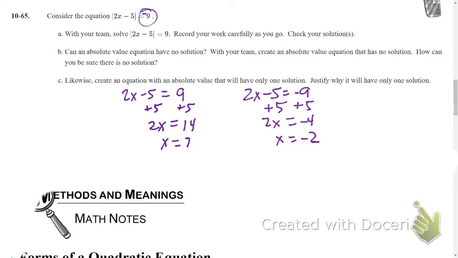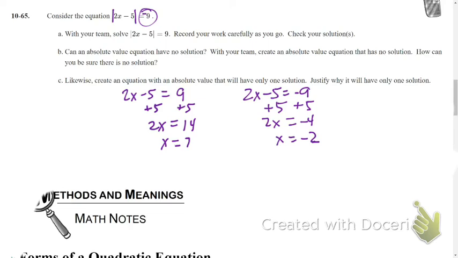So anytime you have an absolute value equation where the absolute value on the left is all by itself, there's nothing else next to it outside of those bars, and it equals a negative number on the right, it's saying you're trying to solve something that has a negative distance. Well, it's impossible to have a negative distance, so therefore there's no solution. All you got to do is make that number on the right side negative.